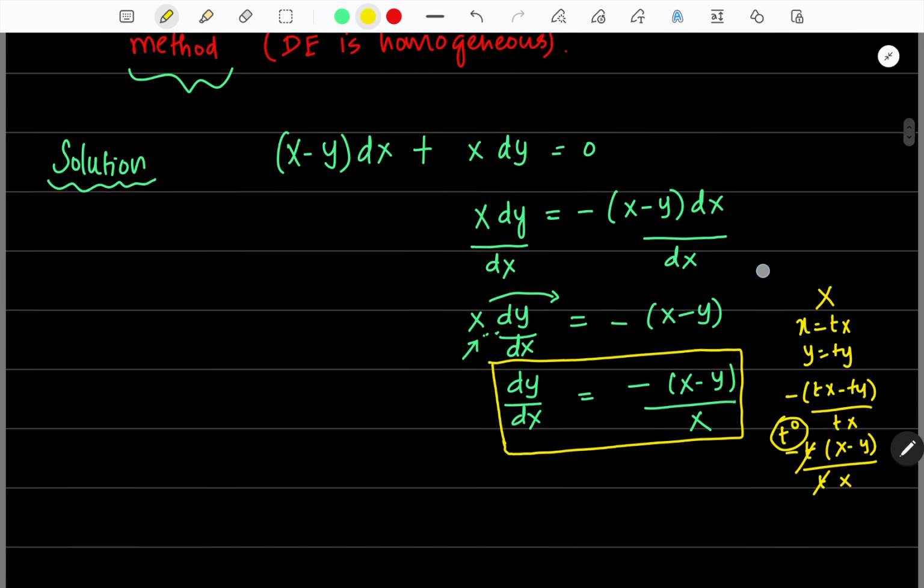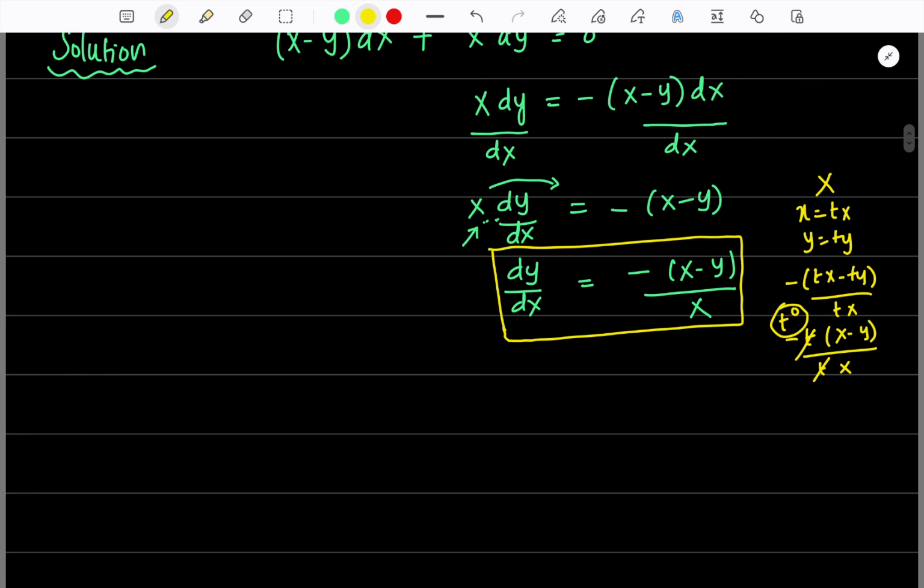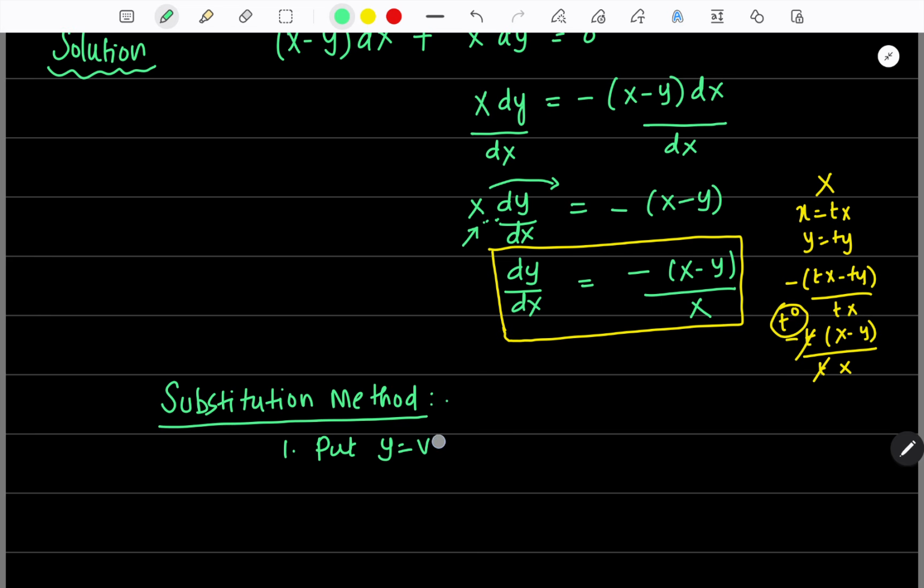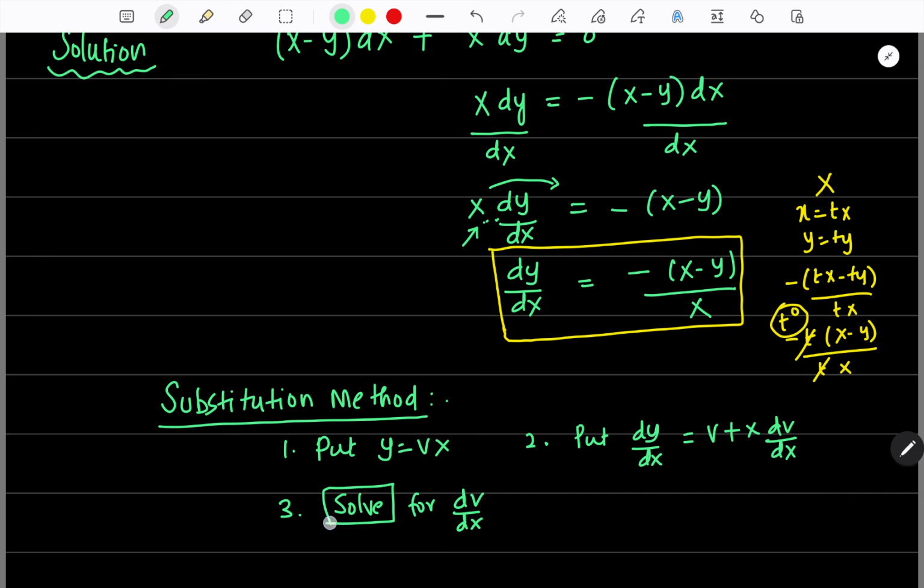Now we are going to start the substitution method. So what is the substitution method? Let me tell you the steps again. Step number 1, put y is equal to vx. Step number 2, put dy by dx is equal to v plus x dv by dx. Step number 3, solve for dv by dx, or you get the expression for dv by dx.